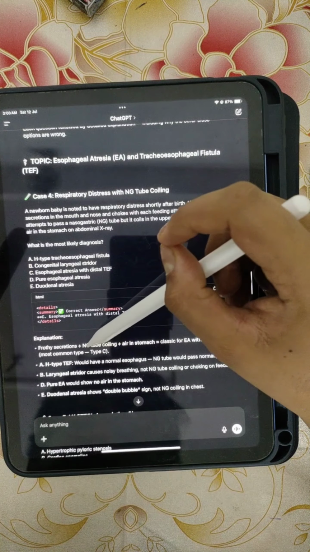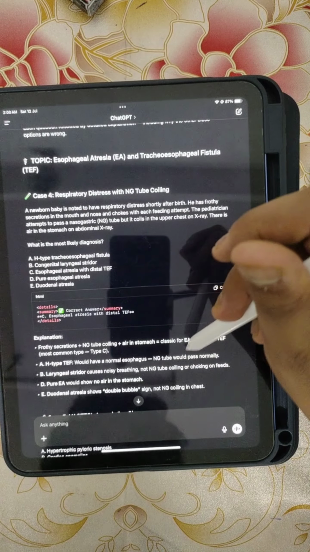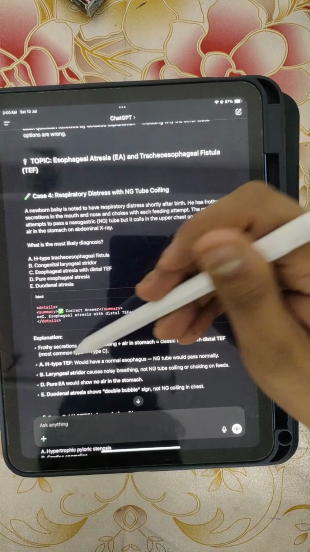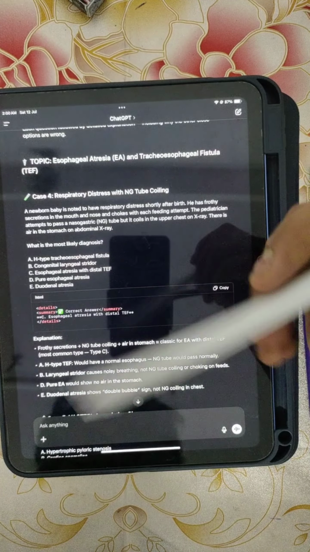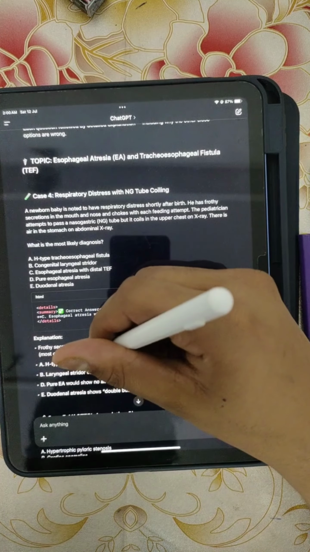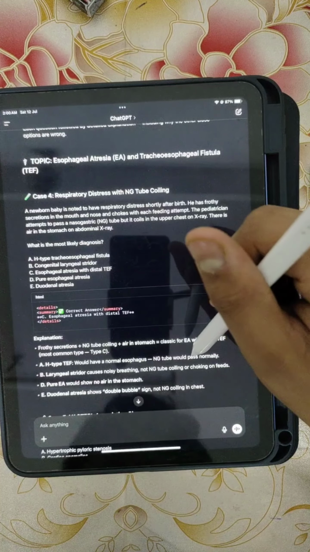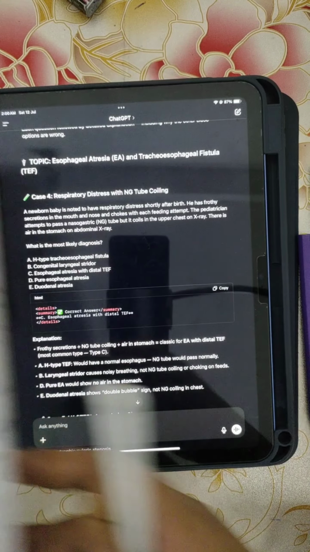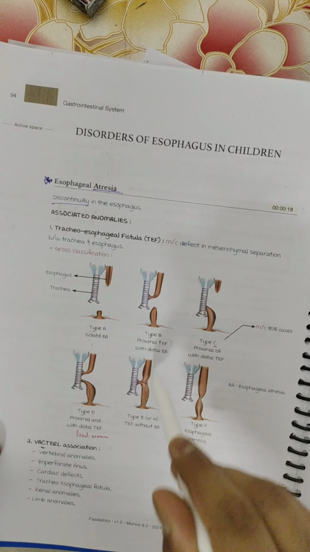Frothy secretions plus NG tube coiling plus air in the stomach is classic esophageal atresia with distal tracheoesophageal fistula. The most common is the C type. Okay, option C. In the case of H-type tracheoesophageal fistula, there would be a normal esophagus and the NG tube would pass normally. That is this picture. The NG tube will pass normally.